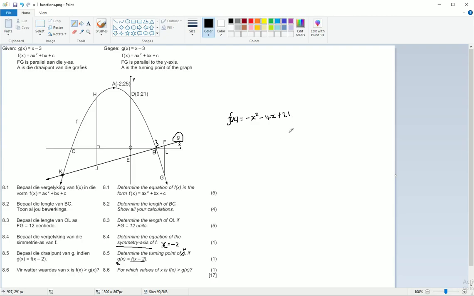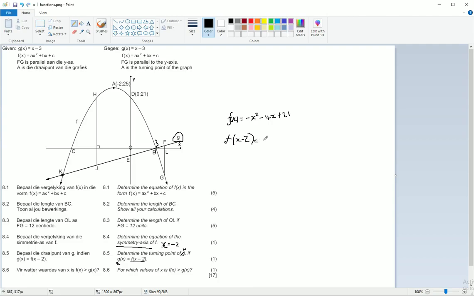I don't remember. But if this is the equation, and they have x minus 2 in brackets over here, what you are going to do is replace wherever you see an x with x minus 2.